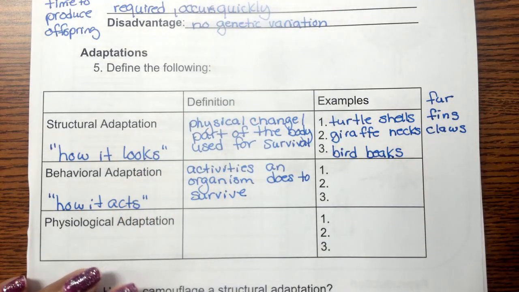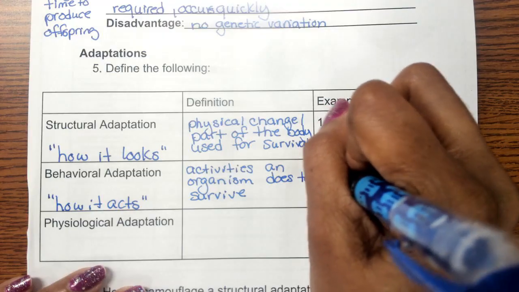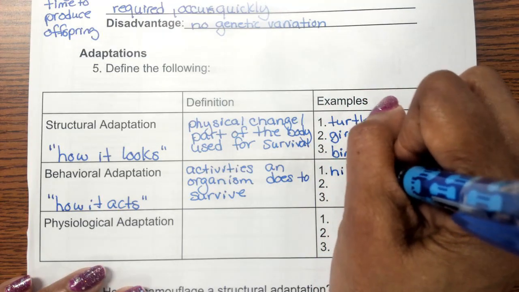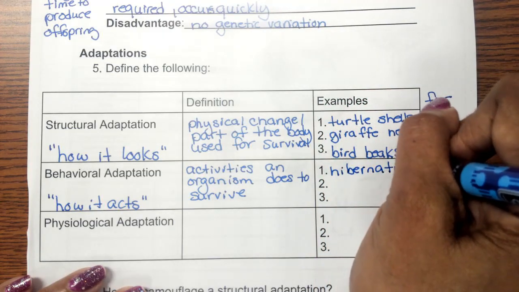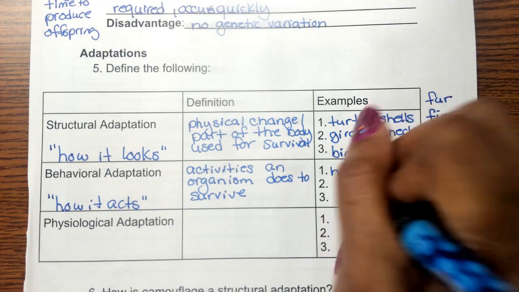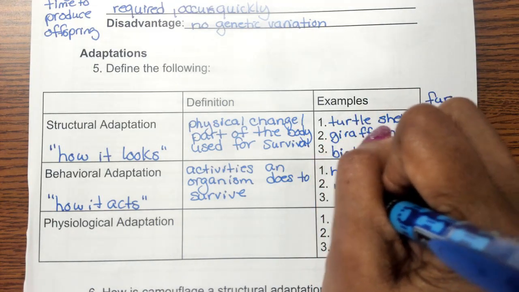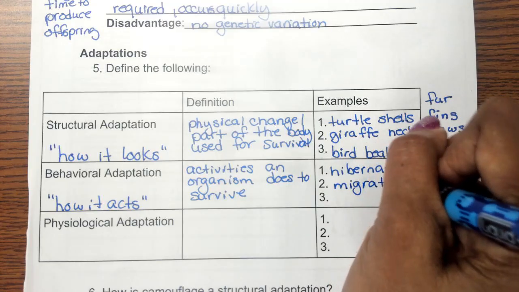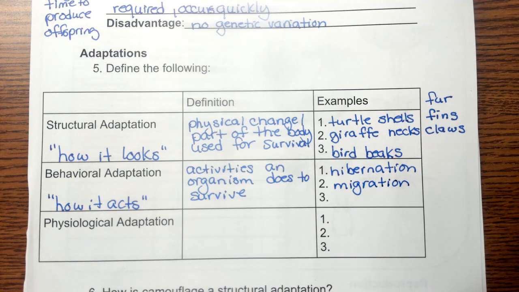Okay, so your examples here, the big one, hibernation. Okay, bears hibernate in the winter to conserve energy. Okay. Migration. Birds that live up north, they fly south for the winter because it's warmer and there's more food.